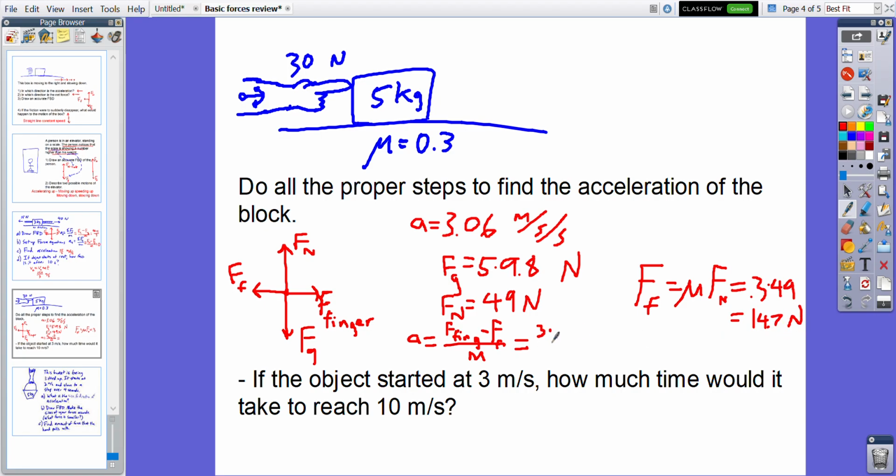So then you just plug those numbers in here. This is going to be 30 minus 14.7, divided by 5, and you'll get this acceleration that I found up there. And then this is another one of those kinematics equations. So just choose the right equation, either velocity, position, or timeless.